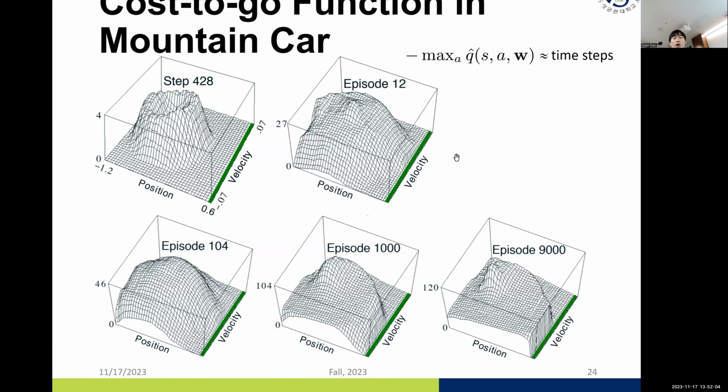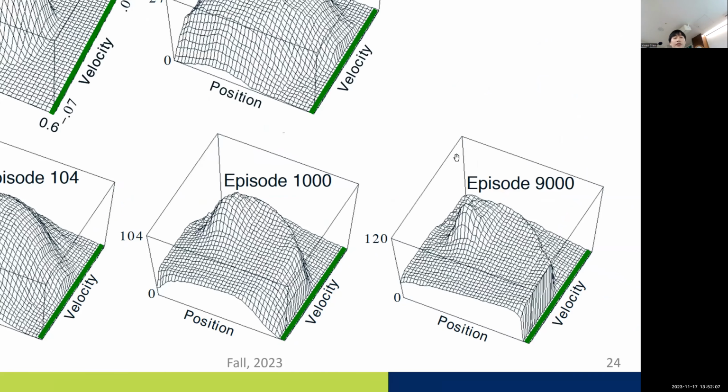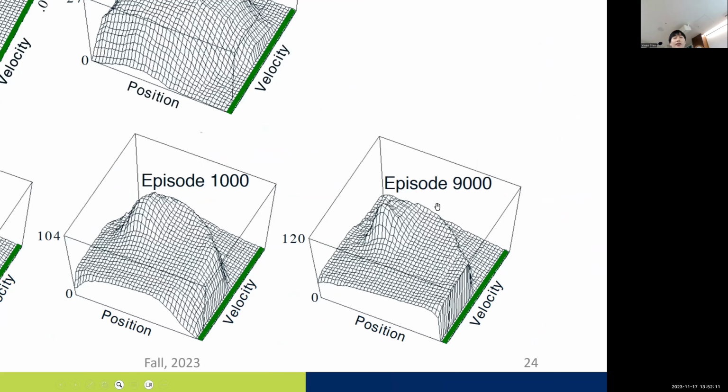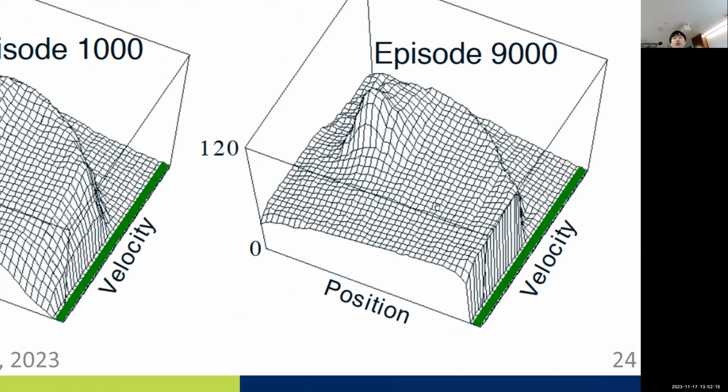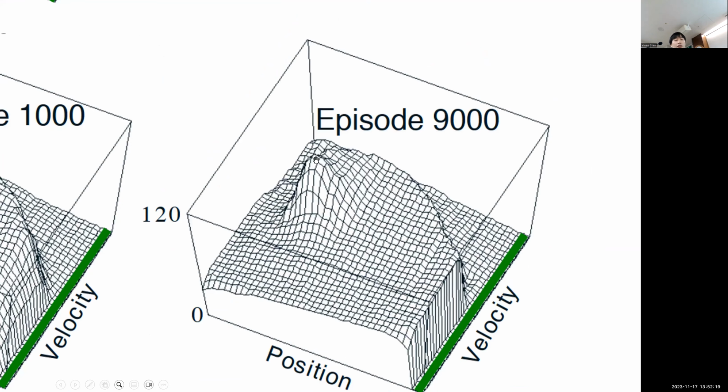close to our optimal state. So if we run the simulation to 9,000 episodes, it's a large enough number of episodes to reach a good policy. As you can see here, the peak of the 3D plot has the number 120, which means this point is the origin point, the starting point.